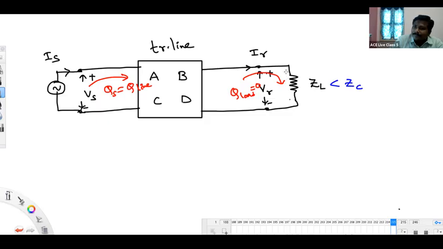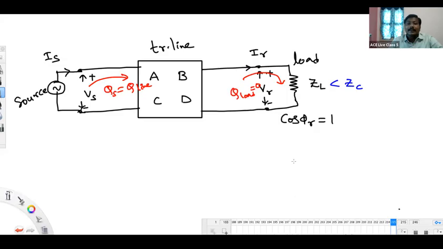What is the load power factor? Cos phi R will be unity because it is a resistive load, so it is 1. Now, while defining the source power factor, is it required to consider only the load or the line also? Definitely the line also has to be taken.